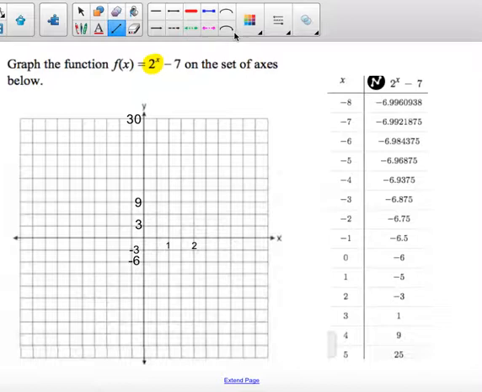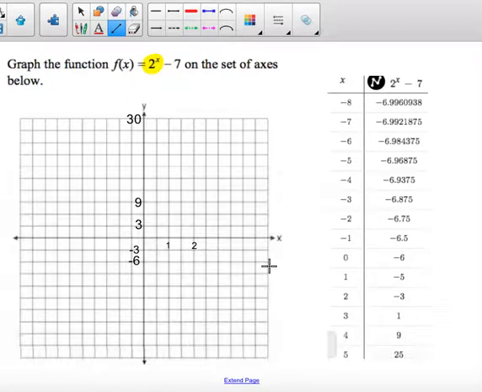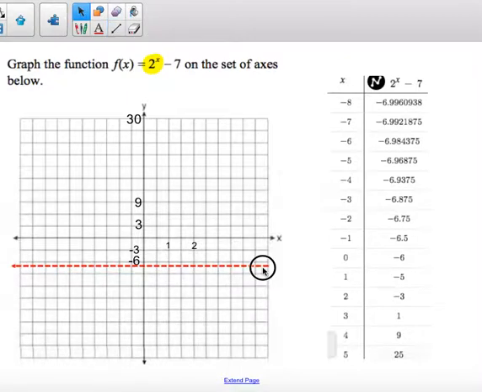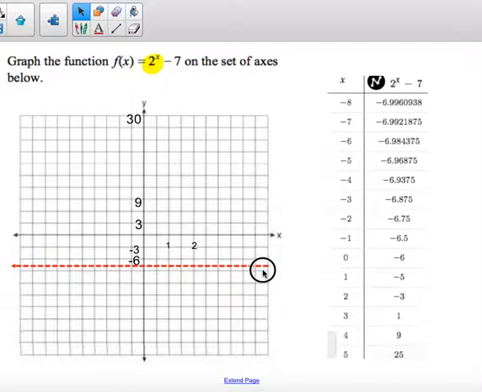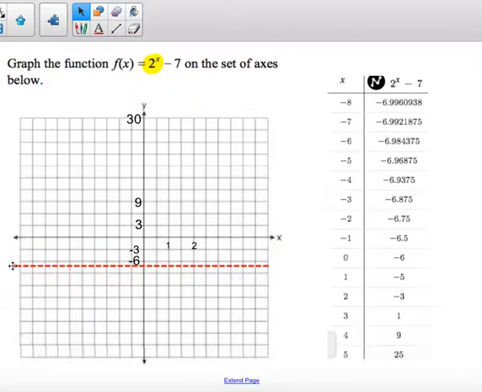So let's make sure that we're being reasonably accurate about where we draw our lines in between. If we're scaling like this, I need to be about a third of the way down, so maybe even just a little bit closer. That's not bad. So we've got an asymptote at y equals -7.